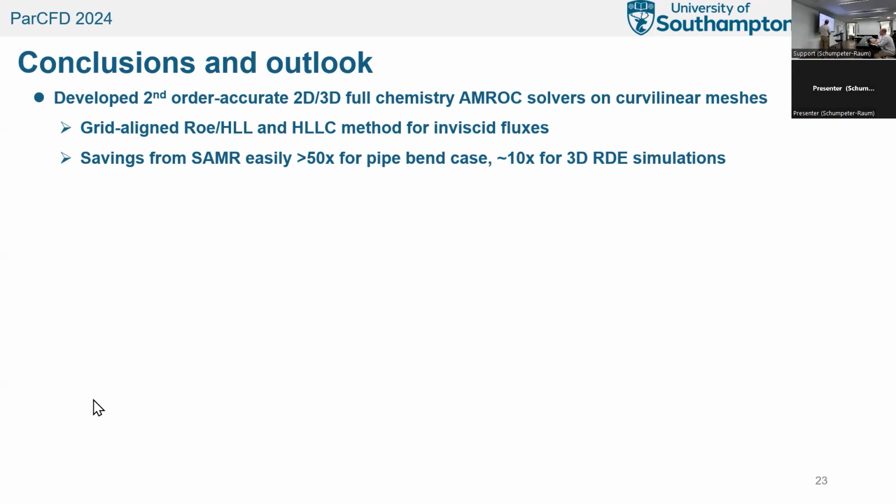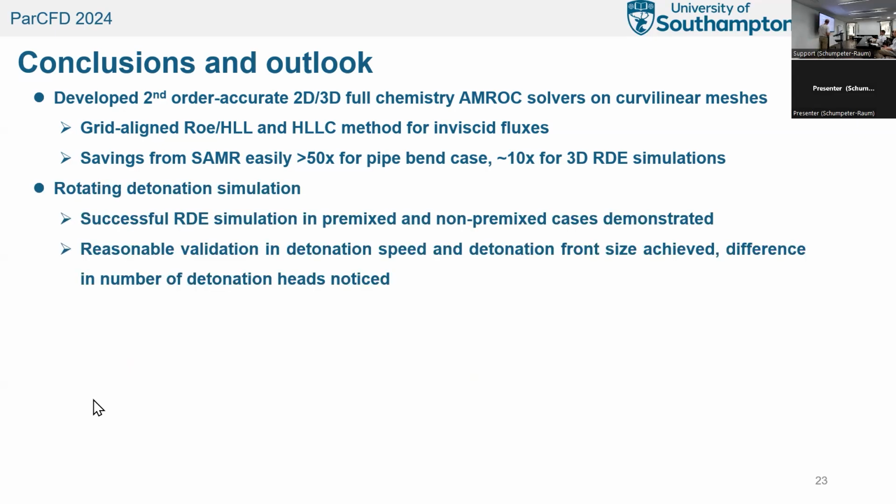The benefit of AMR is quite apparent: for the pipe bend case, a factor of 50 in terms of cells, and for the RDE simulations, a factor of 10. And we can do RDE in premixed and, in particular, non-premixed cases, and we have achieved reasonable validation.